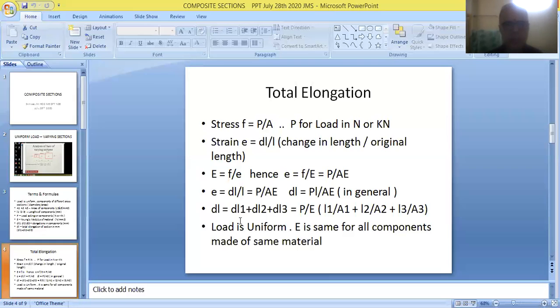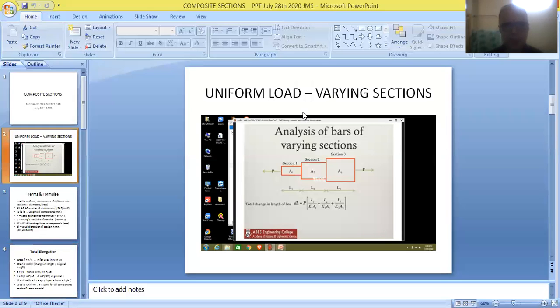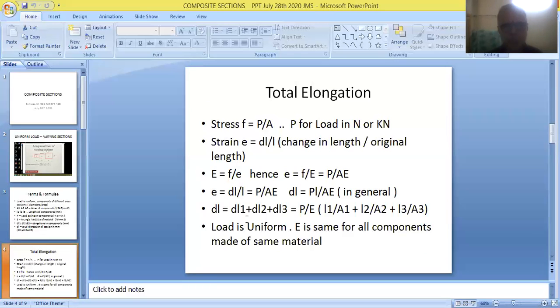So in this figure for this topic, the total elongation will be DL1 plus DL2 plus DL3. All the components are subjected to tension, so all are positive.